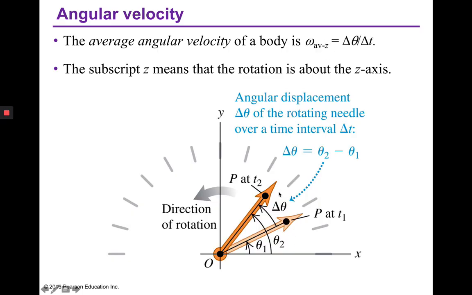If you point your thumb straight up the z-axis and curl your fingers around, your fingers will curl around in this direction, counterclockwise, and your thumb points straight up the z-axis. That's the direction of this angular velocity vector. So a positive omega here is when you're rotating around this direction. Negative would be rotating this direction.